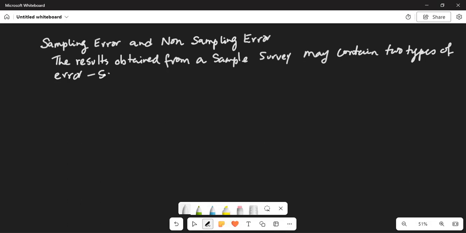They are called sampling and non-sampling error.